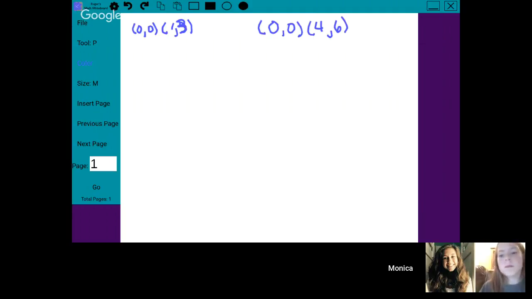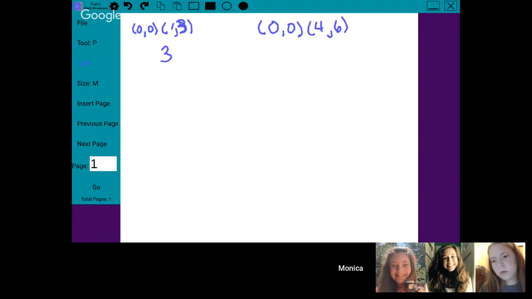Okay, so the slope for line 1, you're right, is 3. And then what's the slope for line 2? And 6 over 4 reduces to what? 3/2.